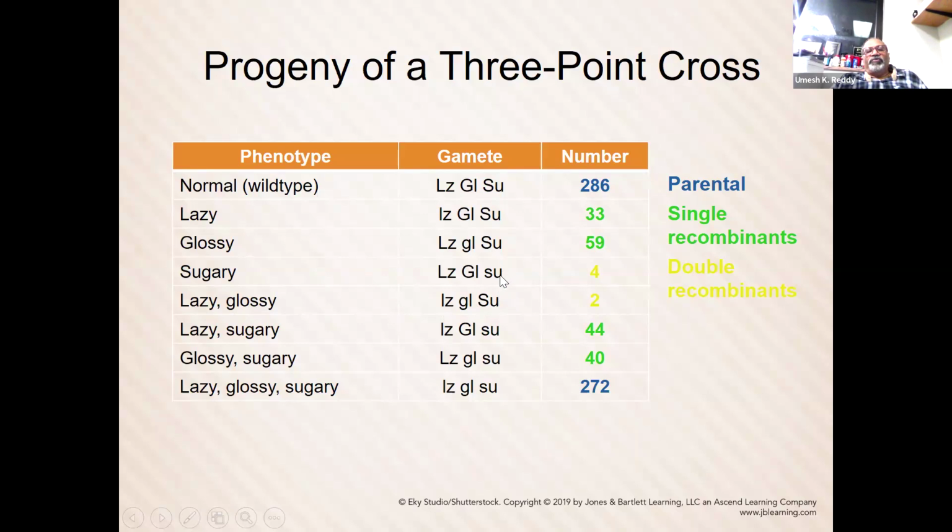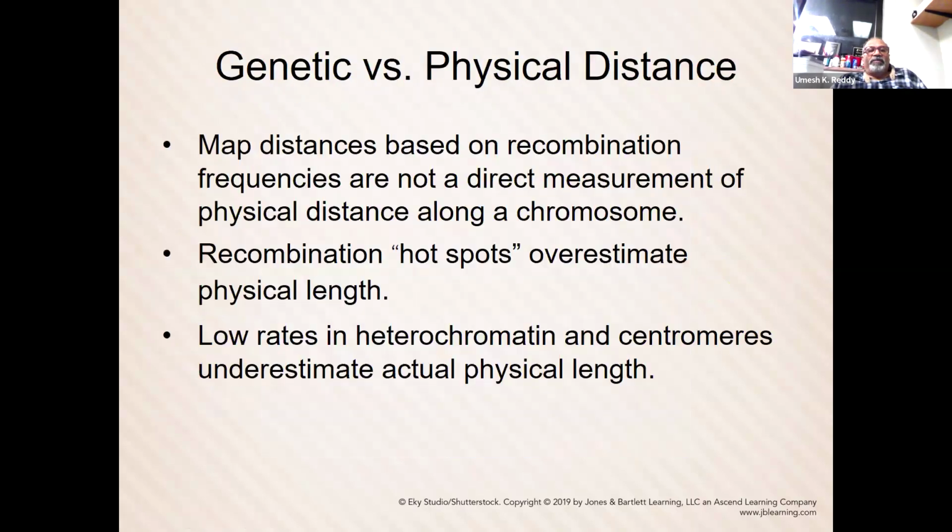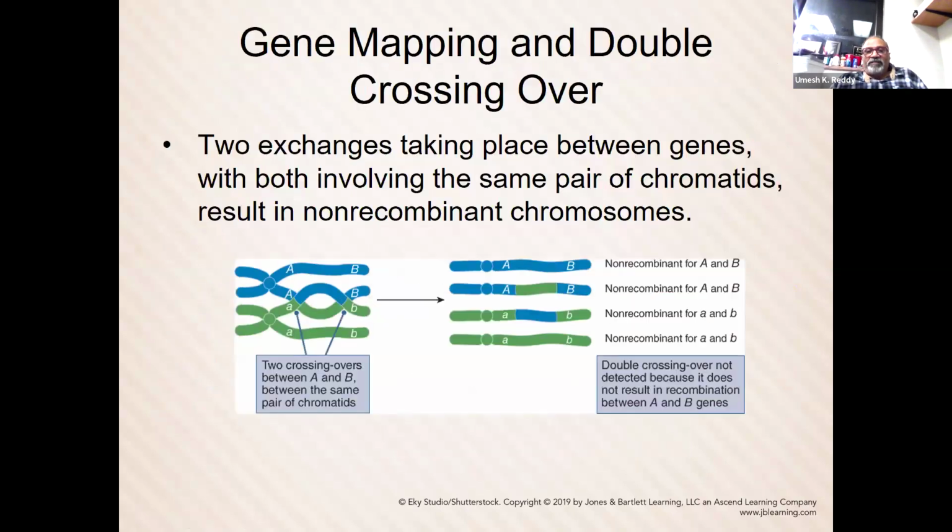So why do we assume sugary is in the center? Here I am making one important point. You remember the first time when I told you about double recombination. In double recombination, I told you guys that the middle segment is swapped.